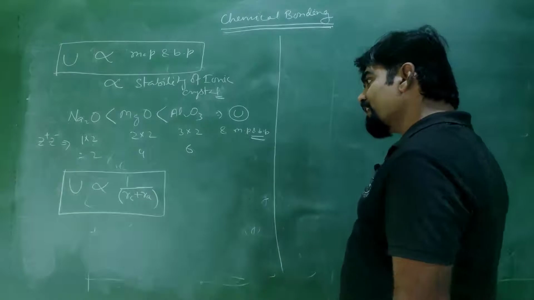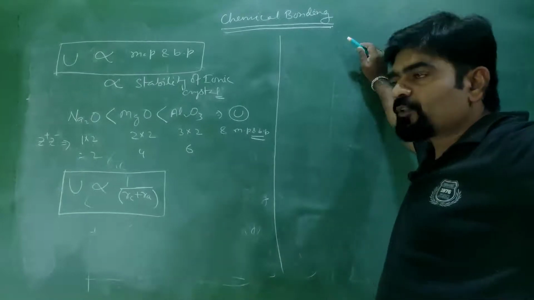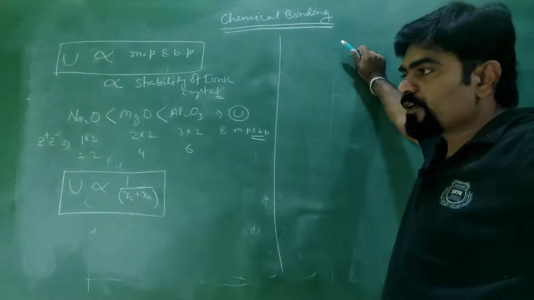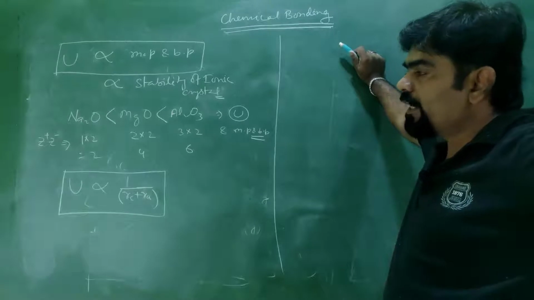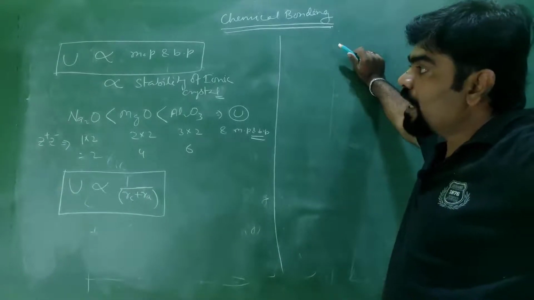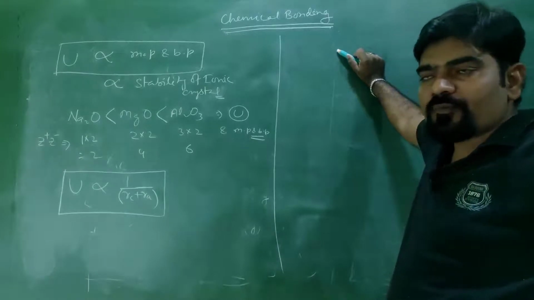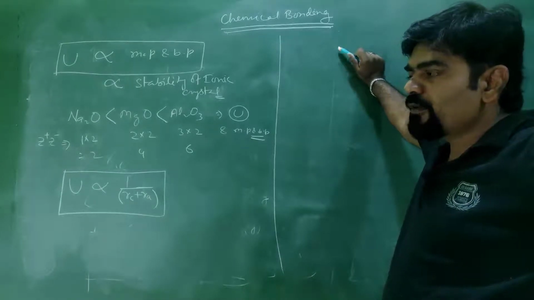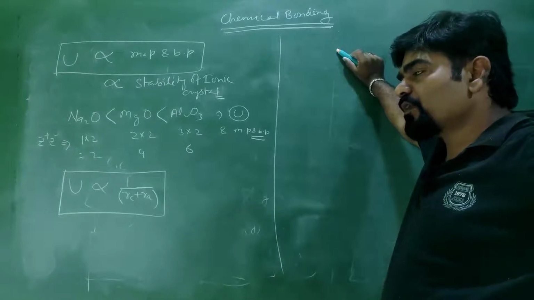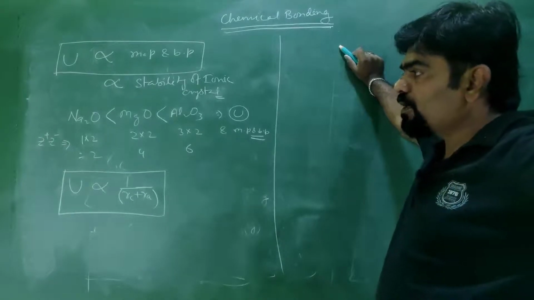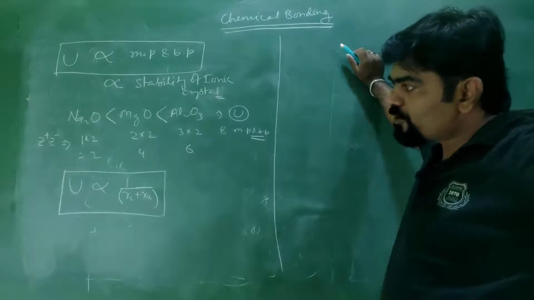Ionic bond is non-directional because it is the concept of loss or gain of electron, so it should not have any directions. Ionic compounds are soluble in water or polar protic solvent, because like dissolves like: polar molecules are soluble in polar solvent, non-polar molecules in non-polar solvent.